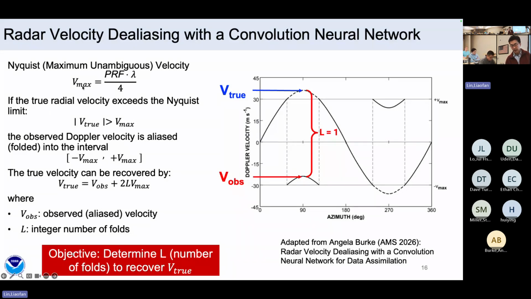If the true velocity is greater than this Nyquist velocity limit, in the data it will be folded or aliased into the interval between minus Vmax and plus Vmax. You can see this example: assuming this is the Vmax, whenever the true observation is here, because it's greater than the limit, it will be folded back to this one.